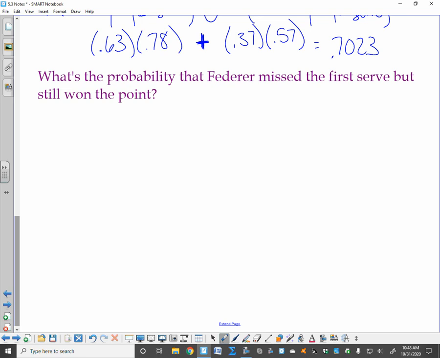What is the probability that Federer missed the first serve but still won the point? Okay, now think about this in terms of stats. Probability that he missed the first serve but he still wins the point.